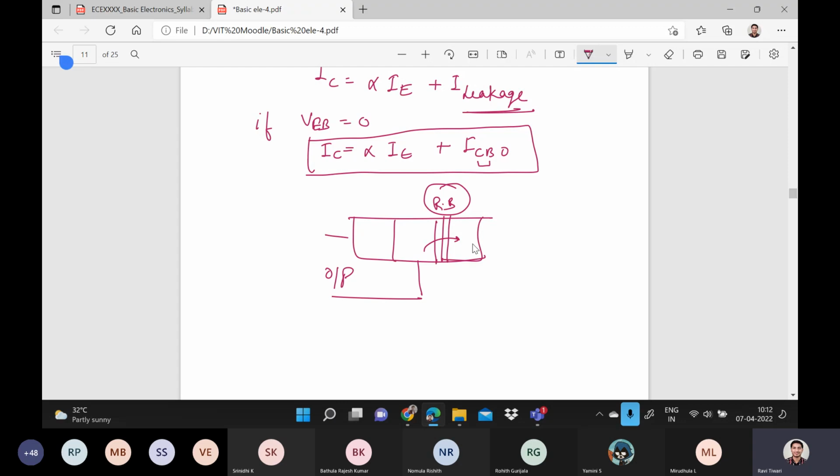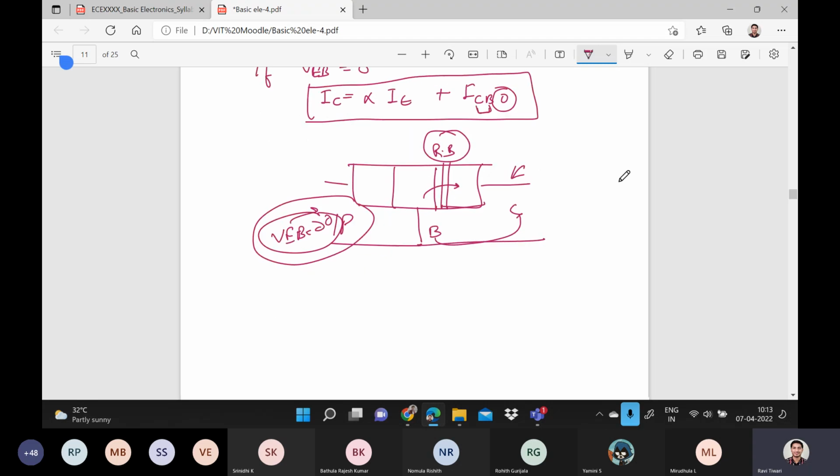So some leakage current flows even when your input voltage VEB is 0. That leakage current is the current between the collector and base when the emitter is open.